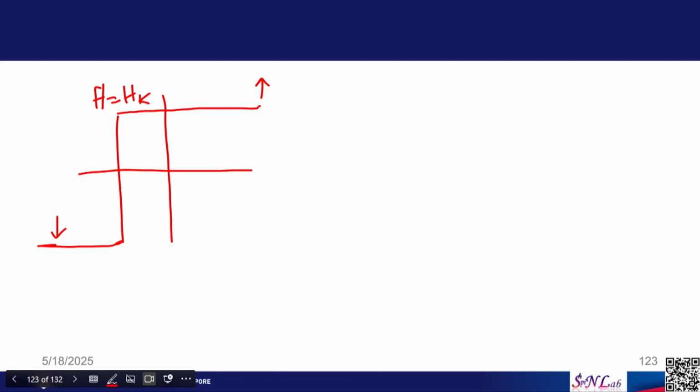Okay, again if you go from here to here, then when you reach Hk, again the particle will switch the direction. Okay, so, this is what happens when you apply field in the easy direction.